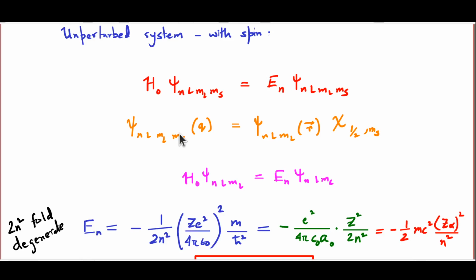Be that as it may, the eigenfunctions of H0 would be labeled by not only the energy eigenvalue, which is denoted by this quantum number n, it will also be labeled by additional quantum numbers L, ML, S and MS, which indicate eigenvalues for the operators L square, LZ, S square and SZ respectively.